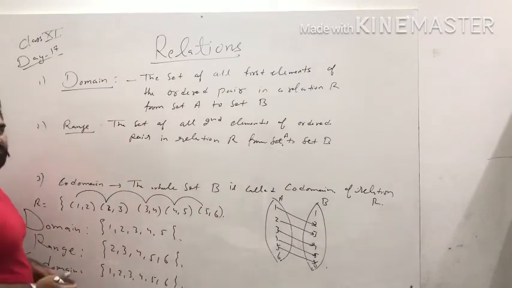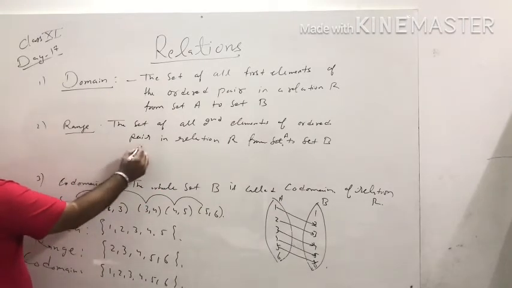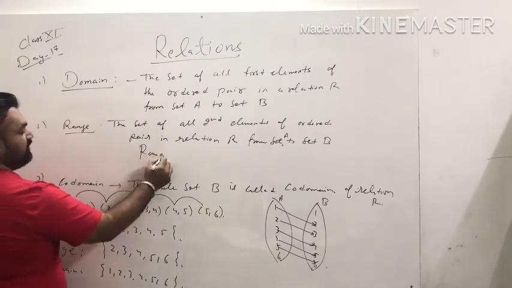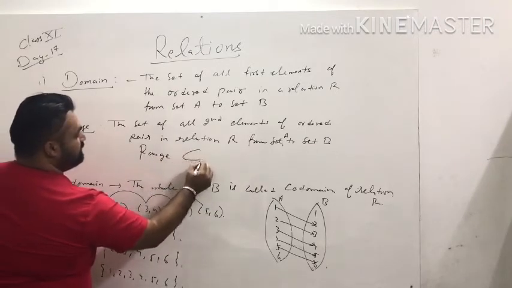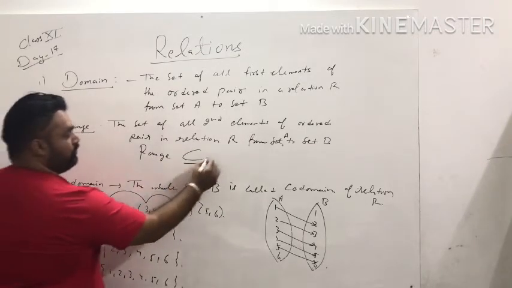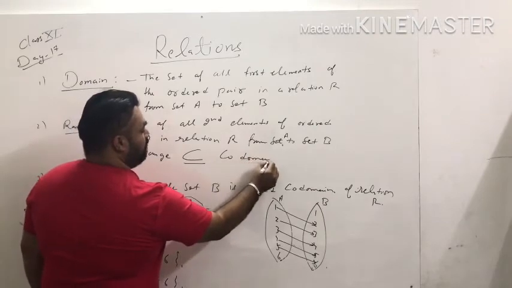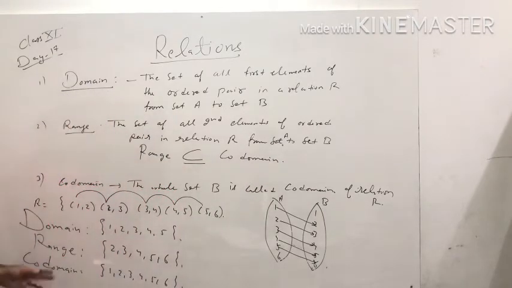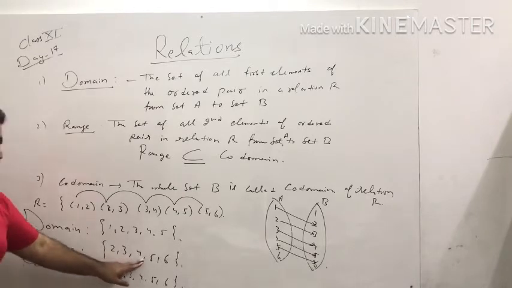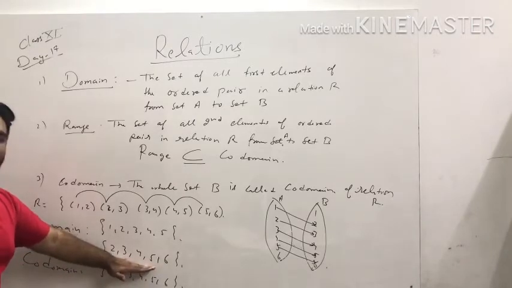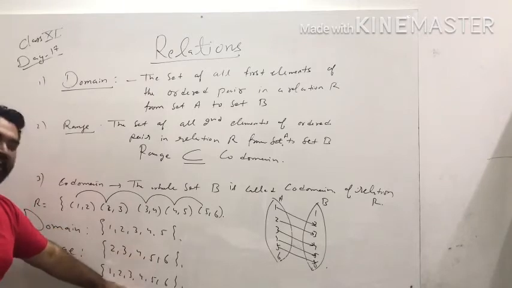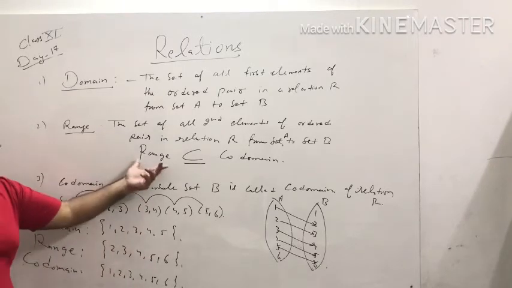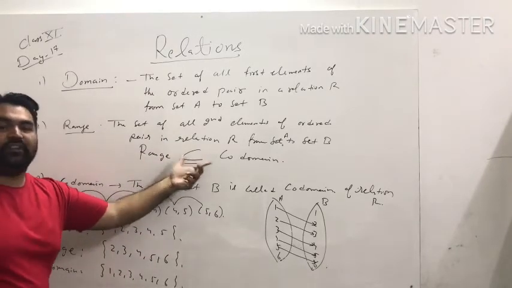So from this we can conclude that range is always a subset of or equal to codomain. The elements of range are 2, 3, 4, 5, 6, and all the elements of range are in codomain. So we can say range is a subset of codomain.